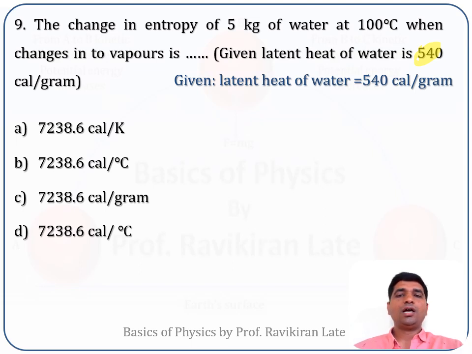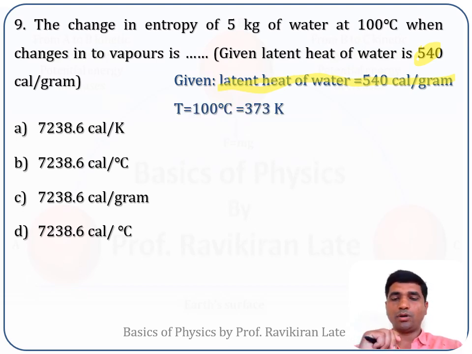Now see, the latent heat of water is given, that is 540 calories per gram, meaning 540 calories of heat is required for 1 gram of water to convert into the vapor phase. Now this boiling of water, or change of liquid phase to vapor phase, occurs at 100 degrees Celsius. So the temperature is given, T is equal to 100 degrees Celsius, which we will convert into Kelvin, that is 373 Kelvin.